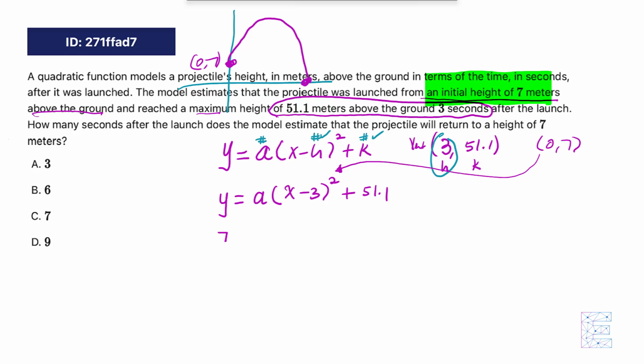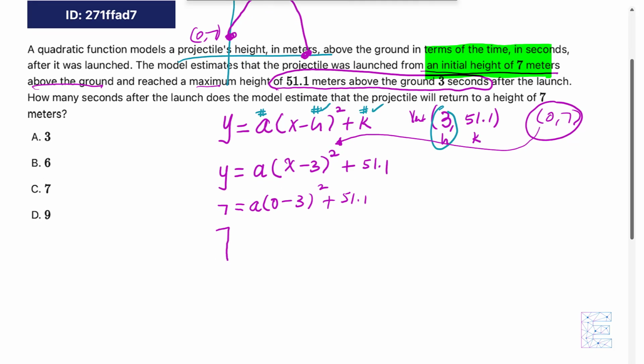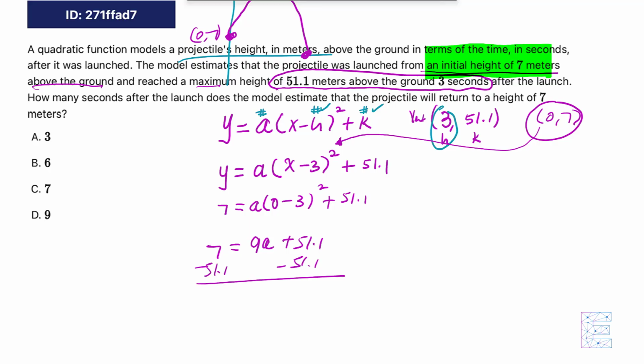So y is 7 equals some a value, x is 0 from this point, minus 3 squared plus 51.1. So quick math, 7 equals 9a plus 51.1. Subtract 51.1 from both sides, and we get negative 44.1 equals 9a.